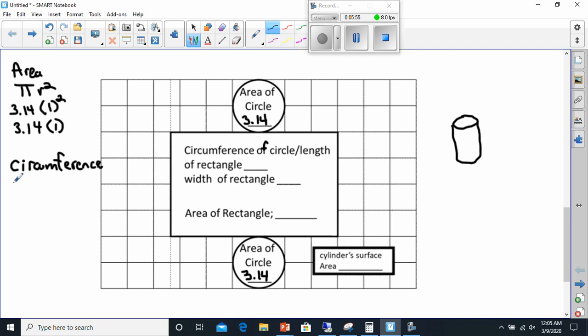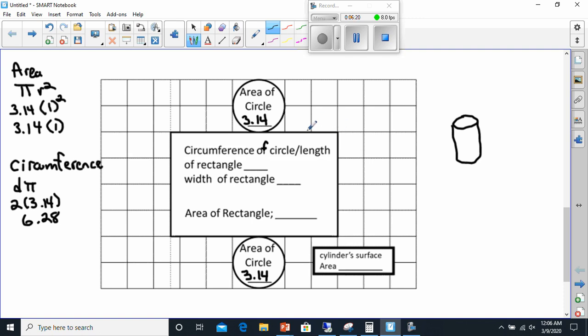It's simply the diameter times pi. If I know that, and I realize this is 2 units across, the diameter is 2. Pi is 3.14. So that means this is 2 times 3.14, which is 6.28. That means the length of this whole thing is 6.28.